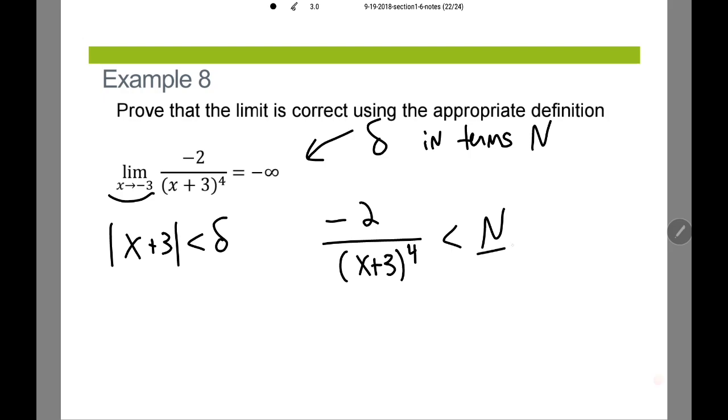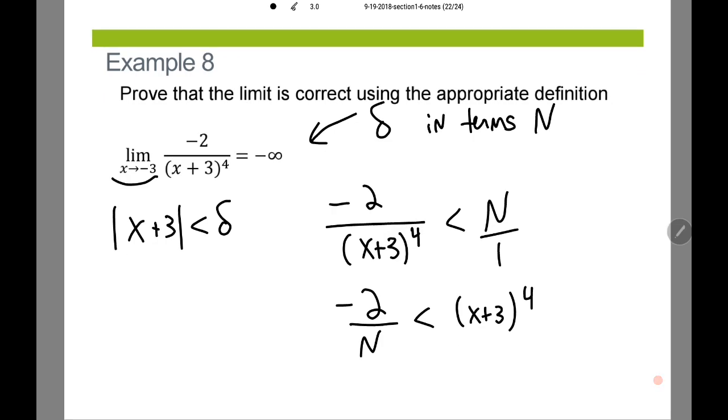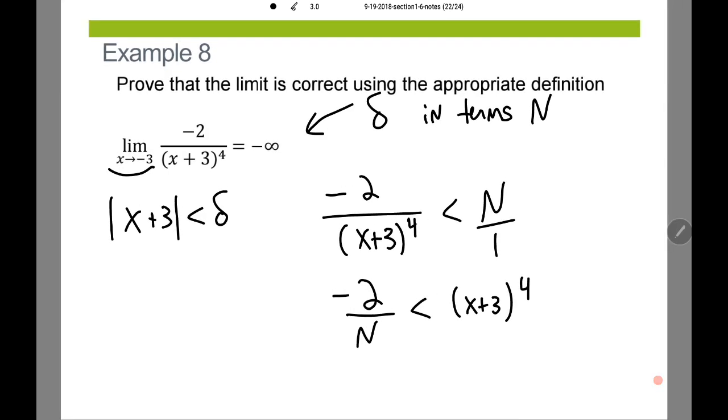Okay, so I can do a little switcheroo here. And when I do that, I can solve both sides by taking the 4th root.